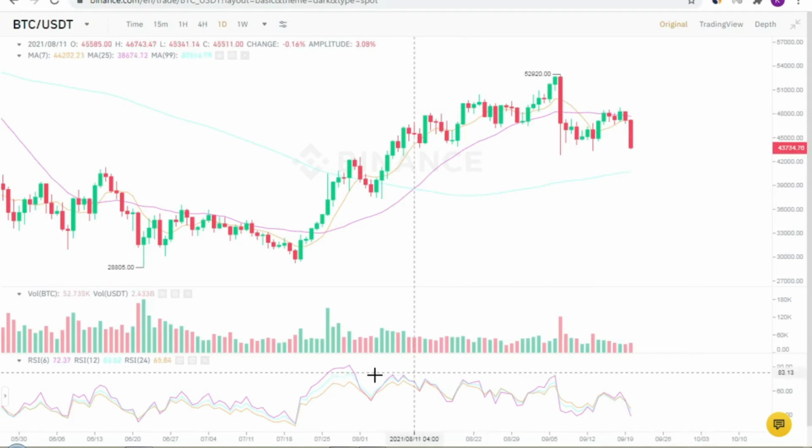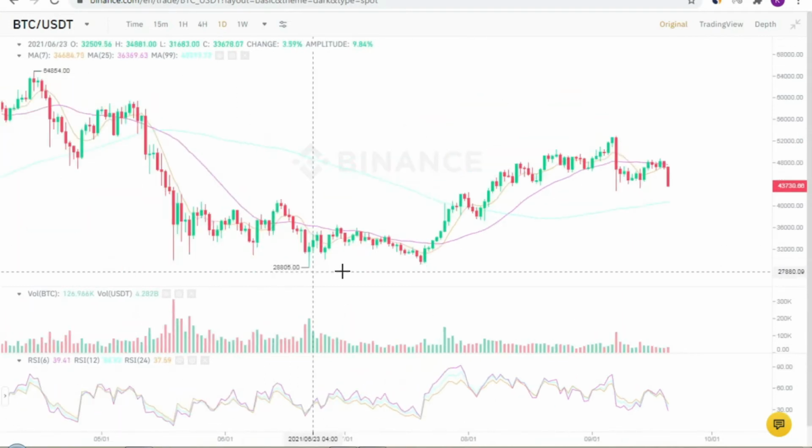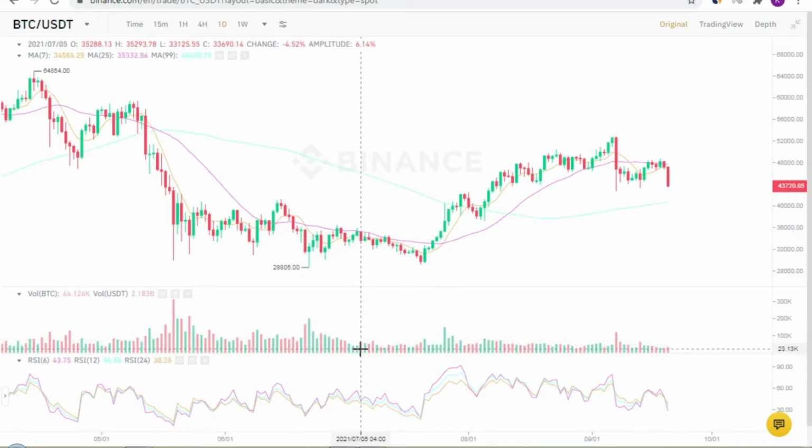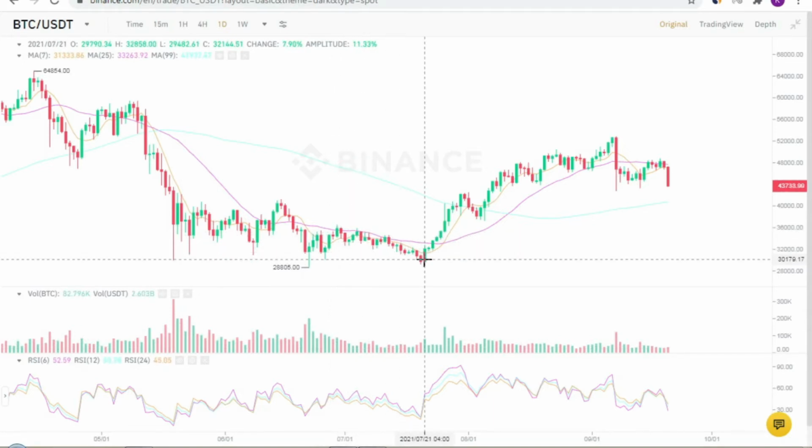So if we have a trend like here, this is another example. You see this price going up here, but you see the volume decreasing. What's that telling us? That the price can easily be manipulated. So it drops.